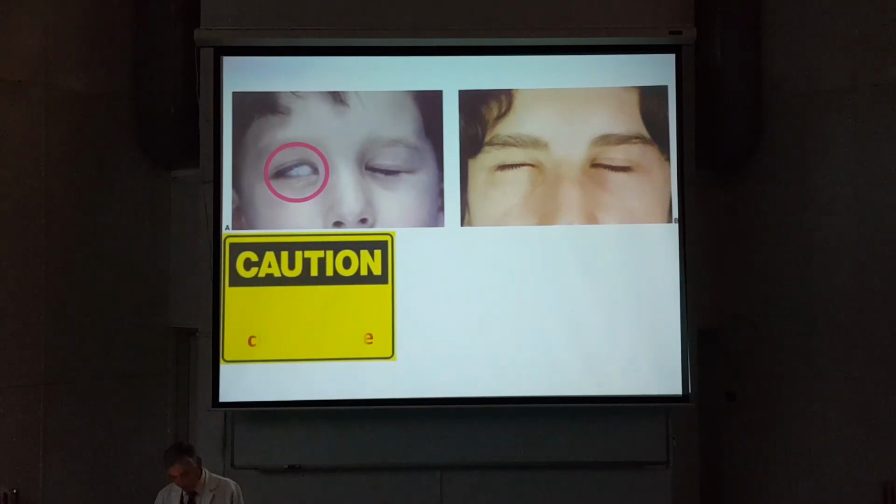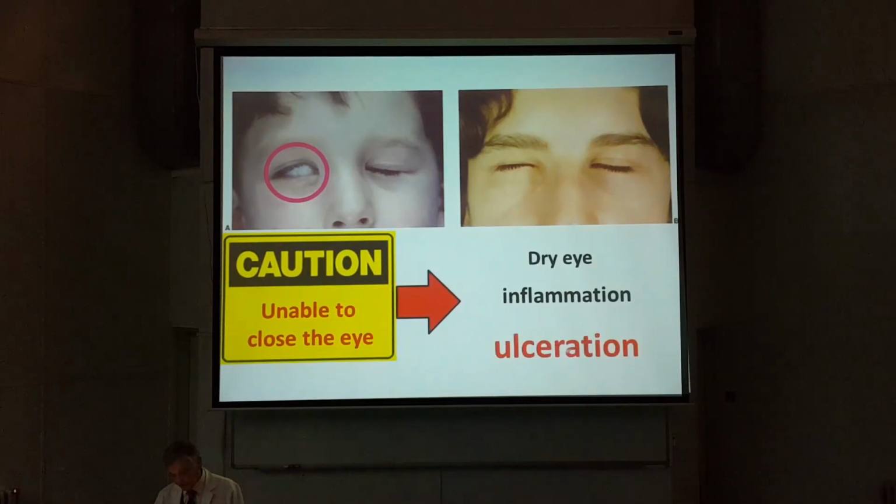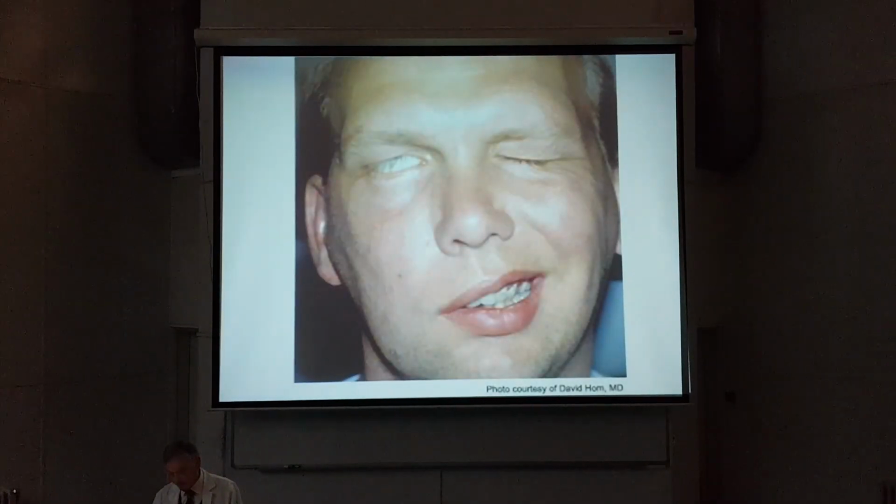Now, we should take care of the unclosed eye, because this is going to lead to dry eye, inflammation due to dryness, and ulceration, especially of the cornea. Corneal ulceration is very painful, and consequences are very bad, scarring and problems in the visual field.